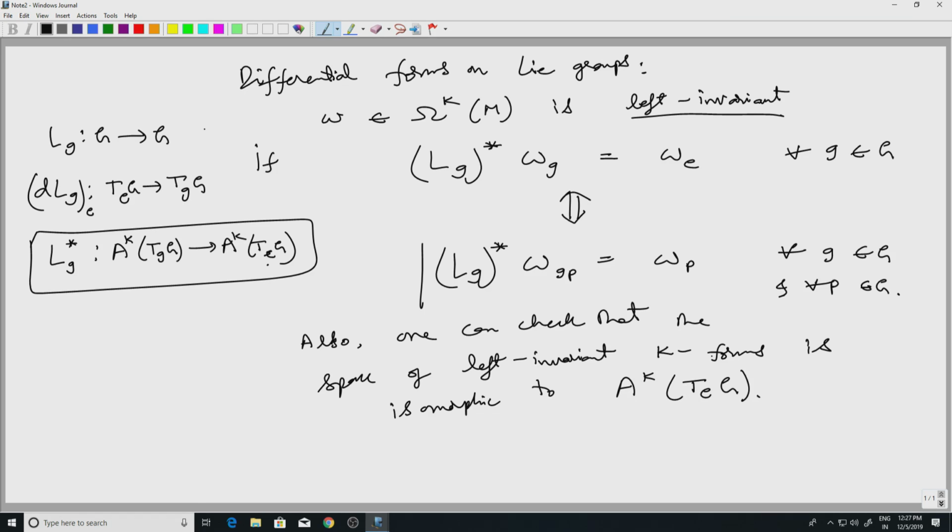And this isomorphism is very similar to what we did for vector fields.